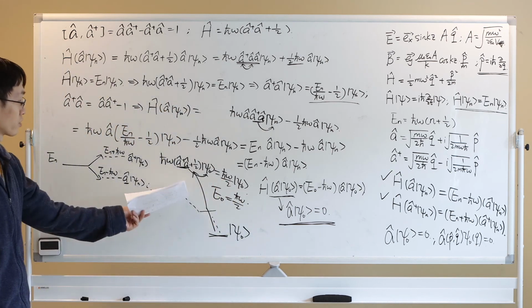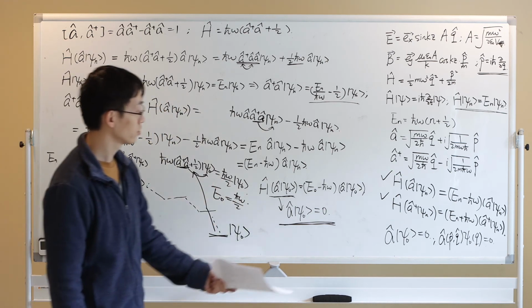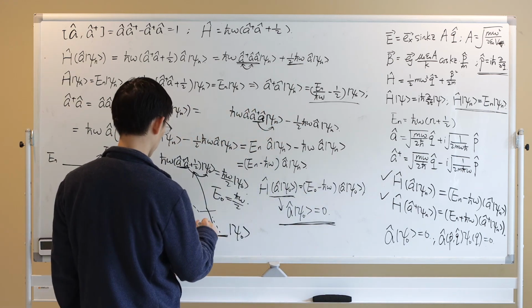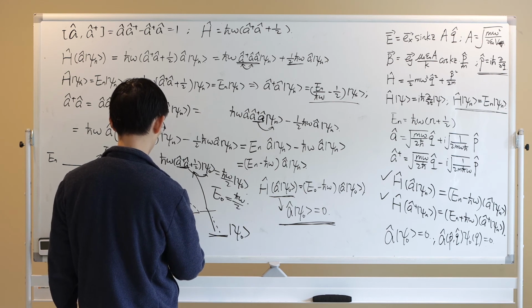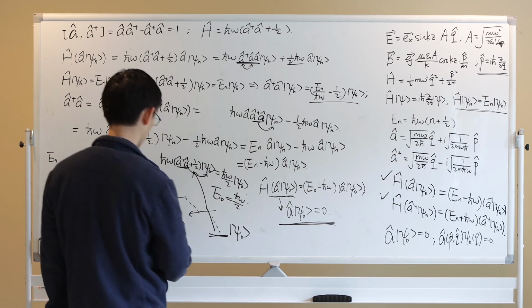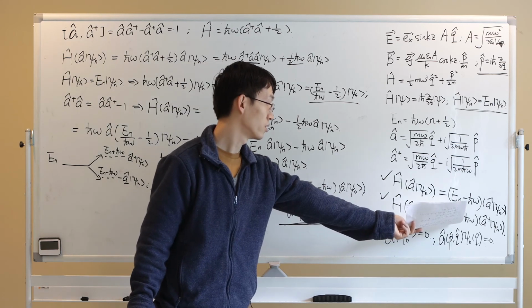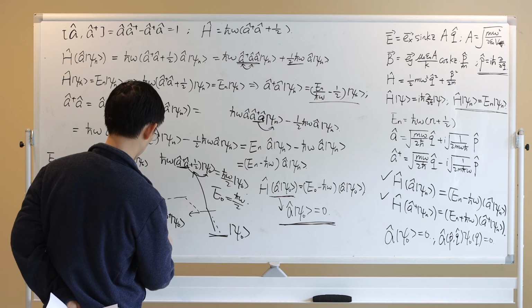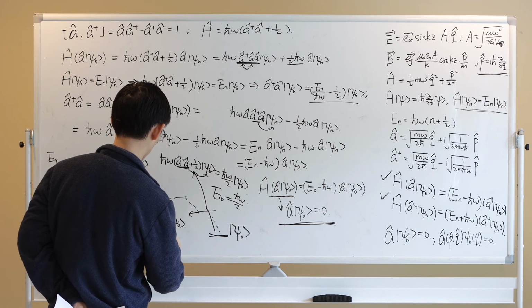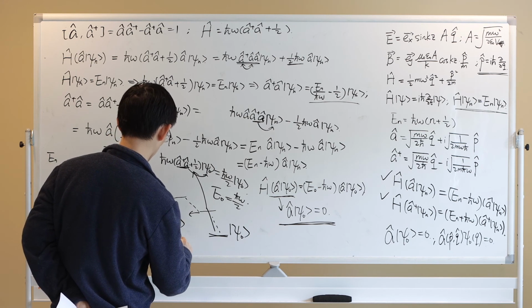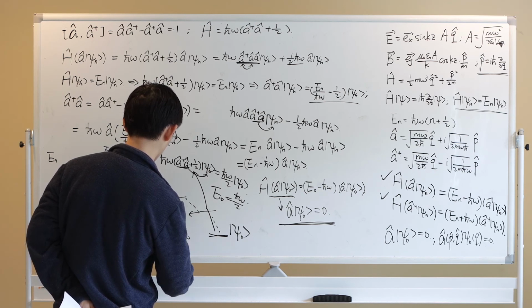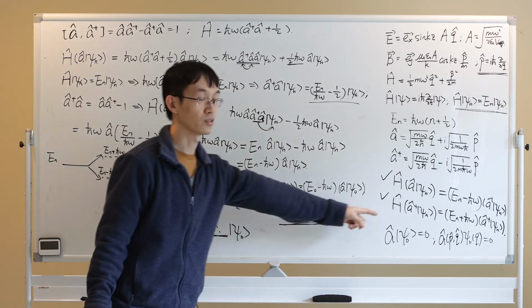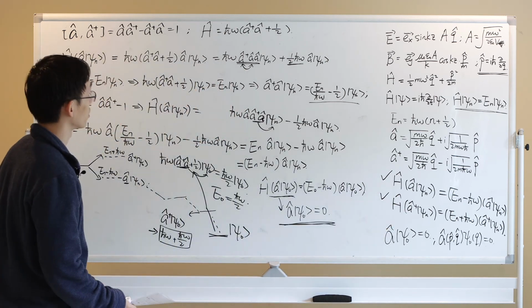If you go up one state, A† acting on ψ0, the eigenenergy would be E0 plus ħω. So the energy would be ħω plus 1/2 ħω. And then you can keep going up and up by adding A†.